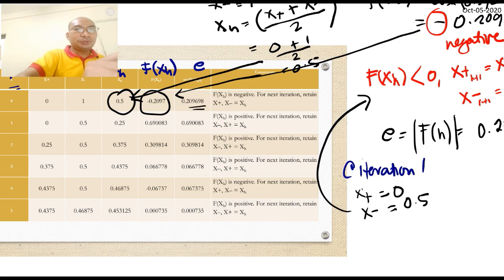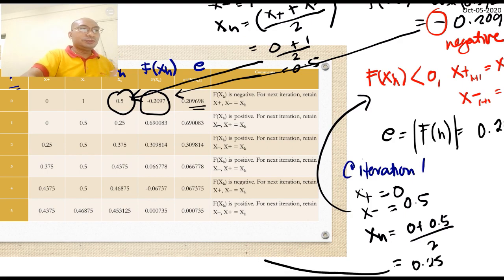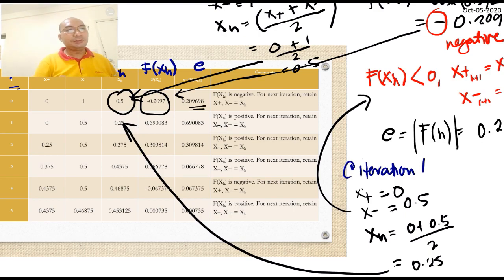So solving for x sub h, it will be equal to 0 plus 0.5 divided by 2. Our x sub h will be equal to 0.25. So that's why we have 0.25 there.